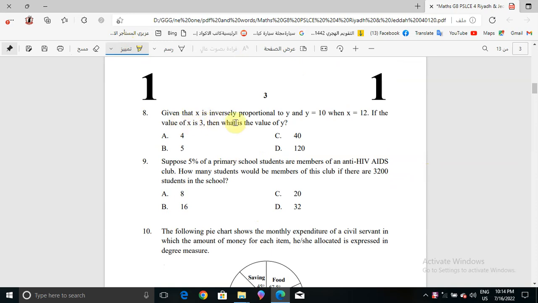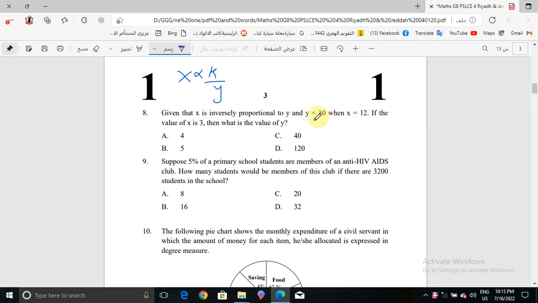Now question number 8. Given that x is inversely proportional to y and y is equal to 10 when x is equal to 12. If the value of x is 3, then what is the value of y? Okay, now let's do it together. Given that x is inversely proportional to y, that means x is proportional to k, which is the constant, over y, right?